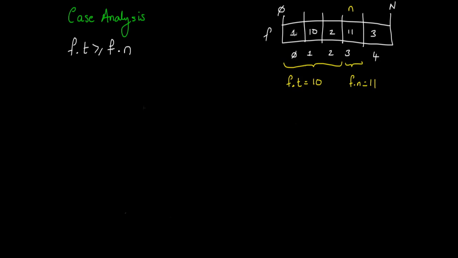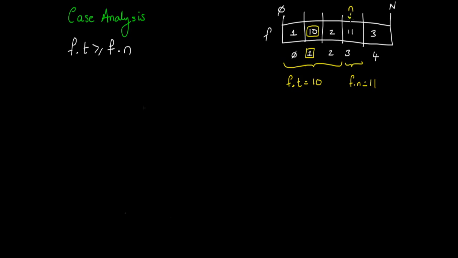So in this case, if we processed up to here, up to n, then f.t should be equal to 10, because t should be equal to the index of the largest element so far, which is, in this case, 1. So f.t is essentially saying f.1, and of course that's equal to 10, which is the value of the element at that position. So that's what we've done so far.